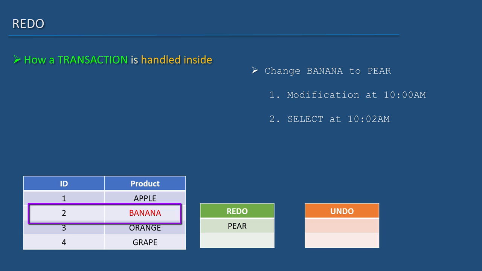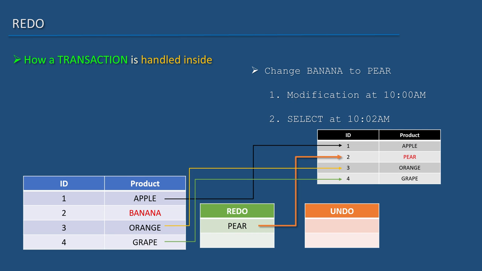When they come to the second row, an internal mechanism indicates that this row has been modified and the new value can be found at the redo section. Then it will bring the result as this by reading from the redo section for the new values.